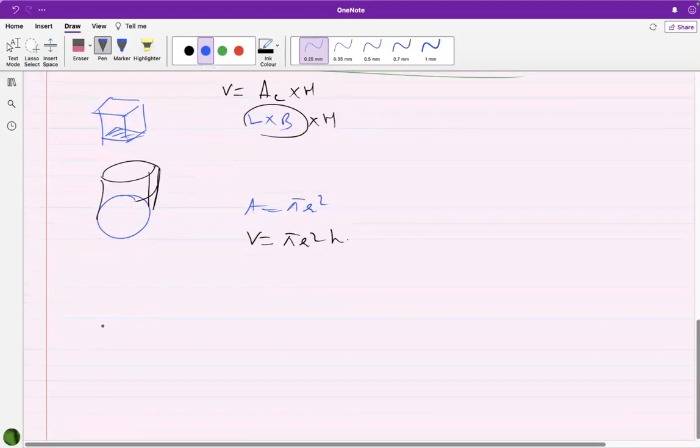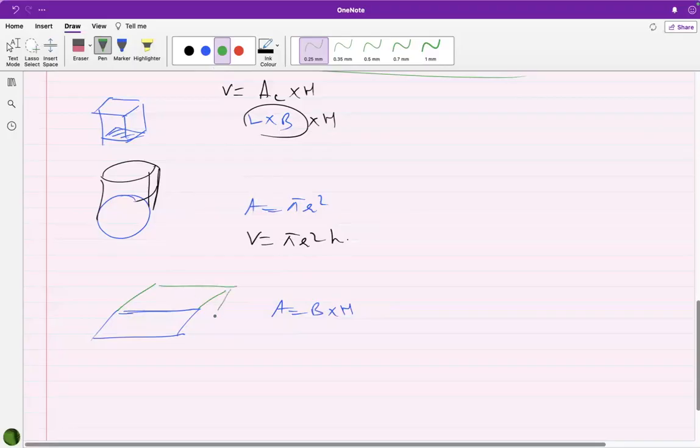Look at this parallelogram. We already know that area is base into perpendicular height. Now if I extend it backwards, try to make it 3D, now this is cross-sectional area into this new length.